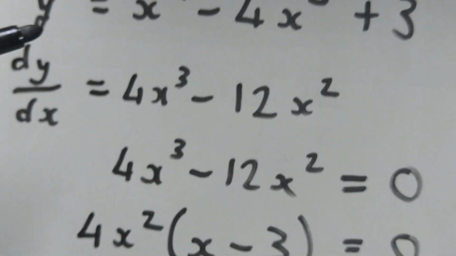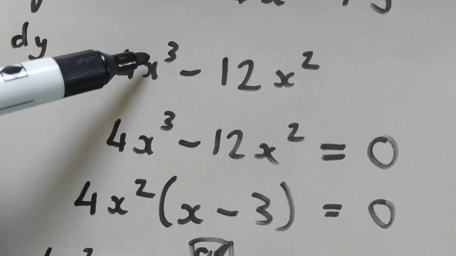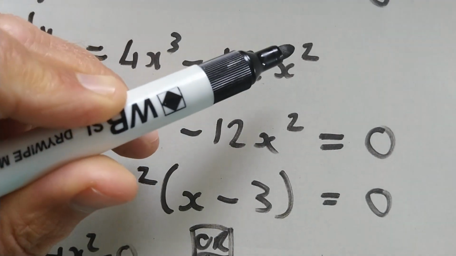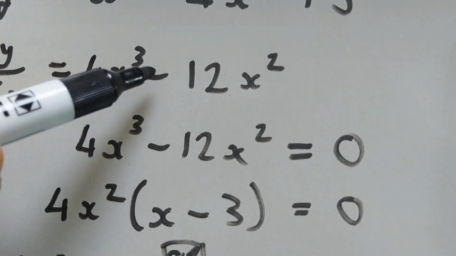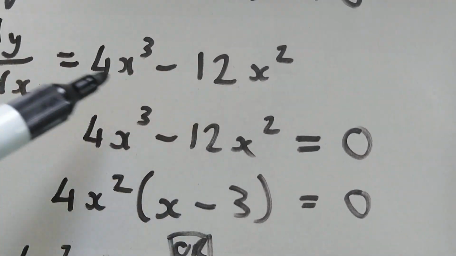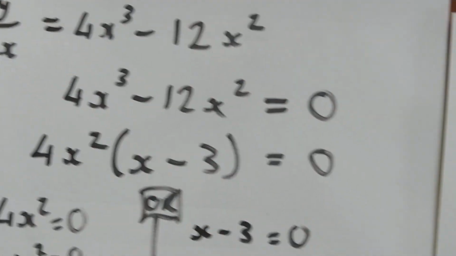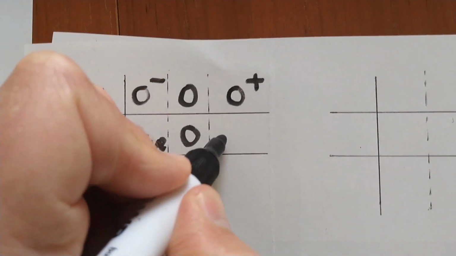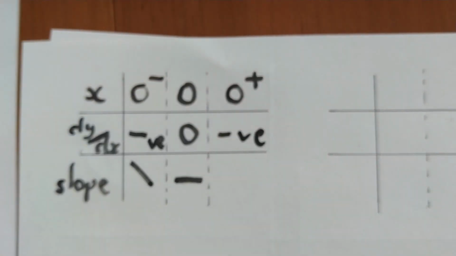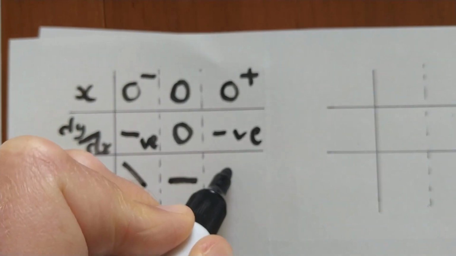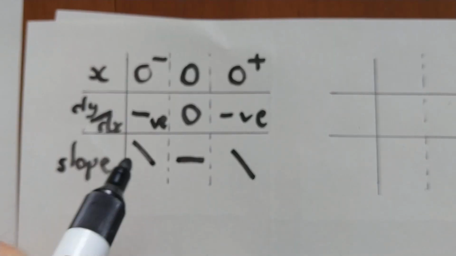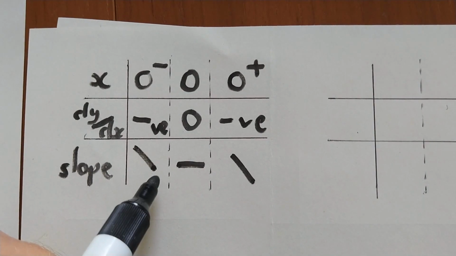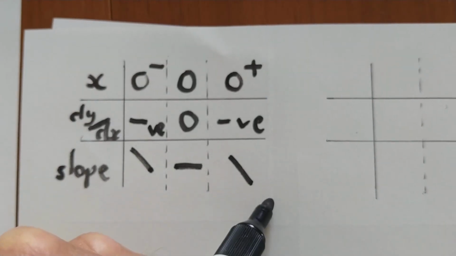Look at the gradient: 4 times 1 cubed, take away 12 times 1 squared. So that's going to be 4, take away 12, -8. It's a negative answer, so this is negative again. So it's sloping down again. And I can see from this table, my line is coming down, along, down.